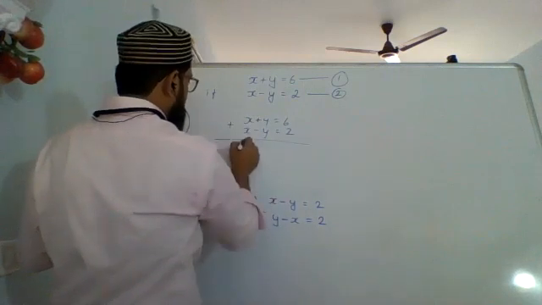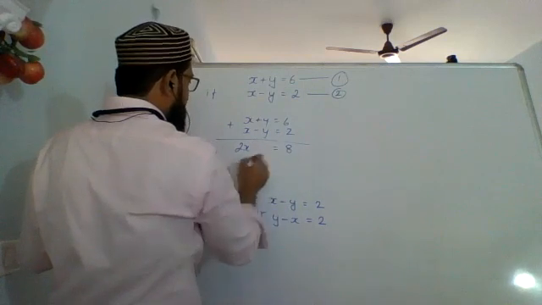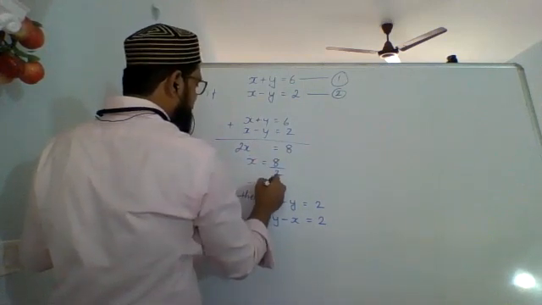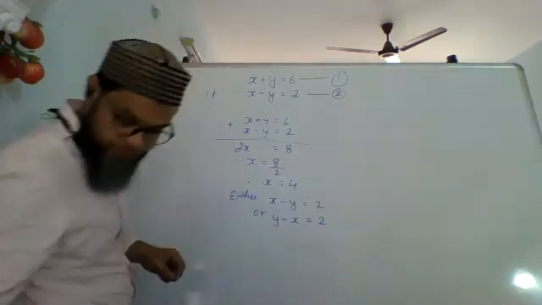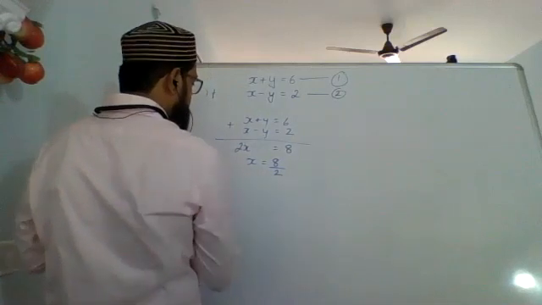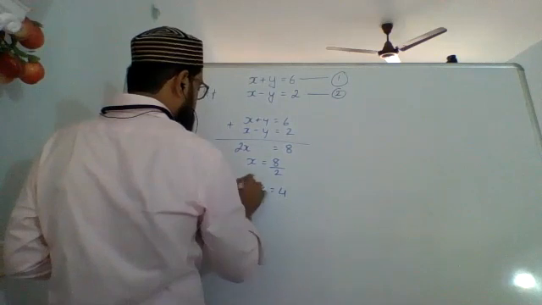Add them. x plus x is 2x, plus y minus y is 0, 6 plus 2 is 8. x equals 8 upon 2. Therefore, x equals 4.